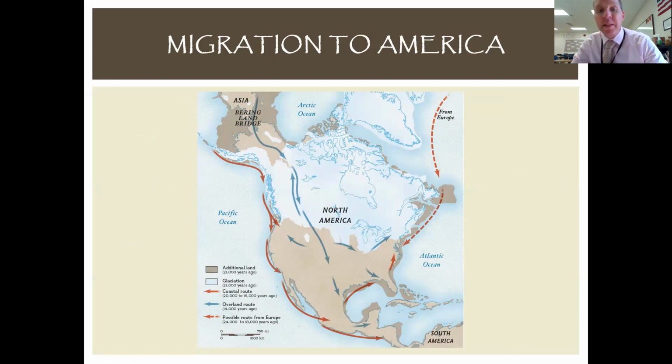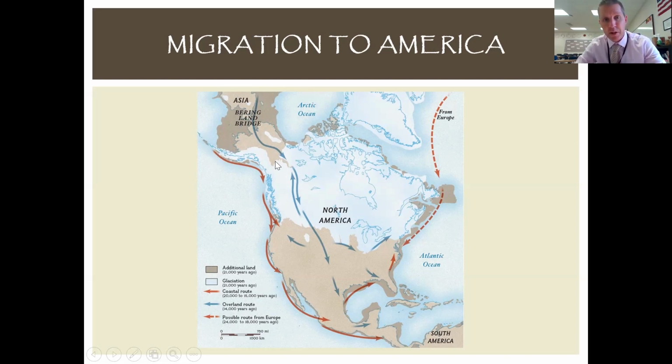There are probably several groups that entered North America from several different directions, but the one that, if you had American history or studied this before, gets the most play is coming across the Bering Strait during one of the ice ages when all of this land was frozen.